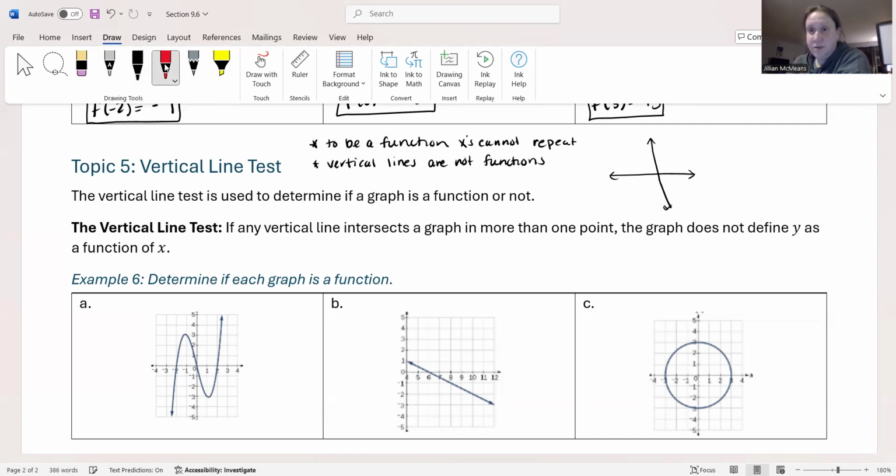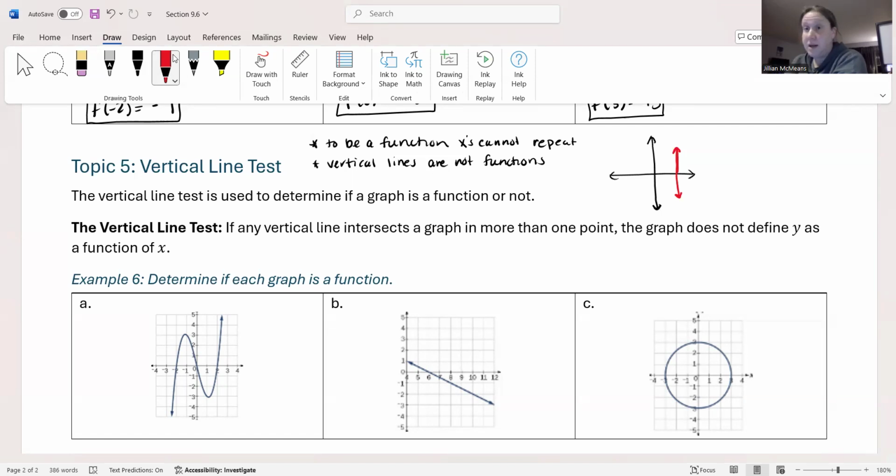Vertical lines are not functions because, if you look at a vertical line on our Cartesian plane, vertical lines are of the form x equals some number. No matter what ordered pair you pick, you're going to get the exact same x value.